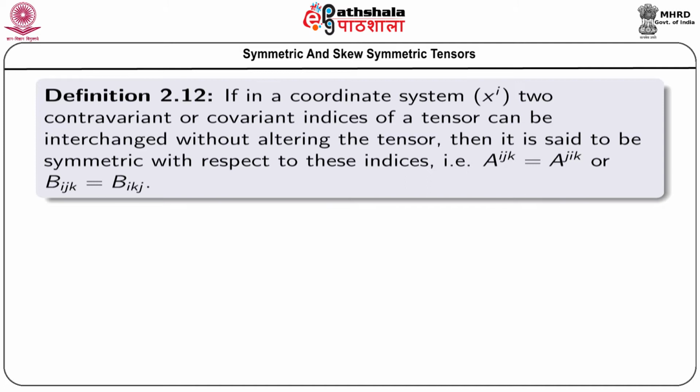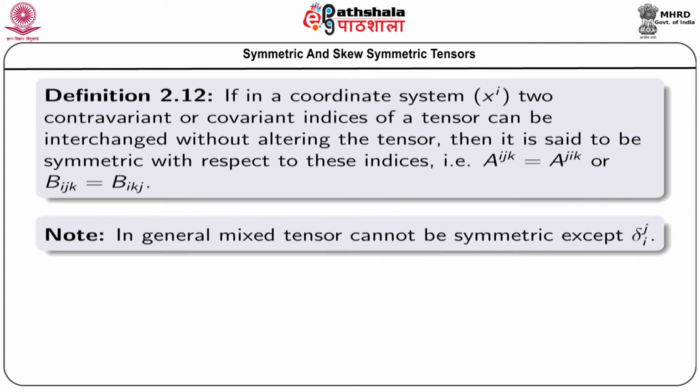That means Aijk equals Ajik, or for a covariant tensor of rank 3, Bij equals Bikj, then we say that these are the symmetric tensors with respect to the two indices i and j for the first contravariant tensor and j and k for the covariant tensor.